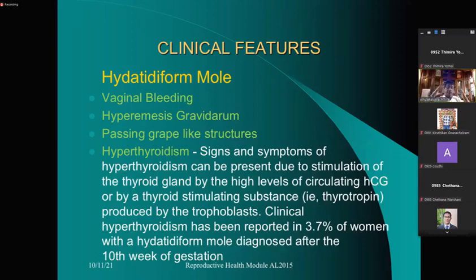Here you have excessive placental tissue, and because of that you have very high levels of HCG, and people can present to you with vomiting. Okay. And sometimes they present with passing of this proliferated placental tissue. If you look at them, they are just like a bunch of grapes.